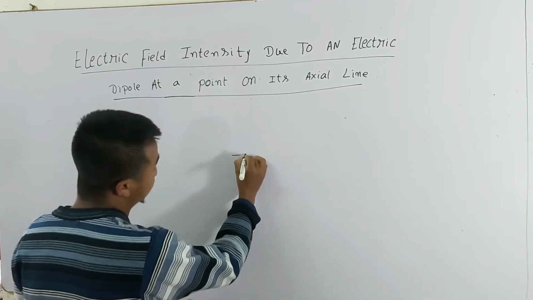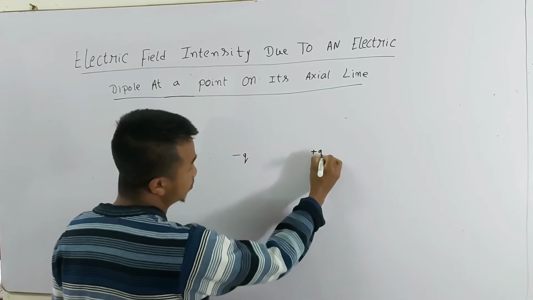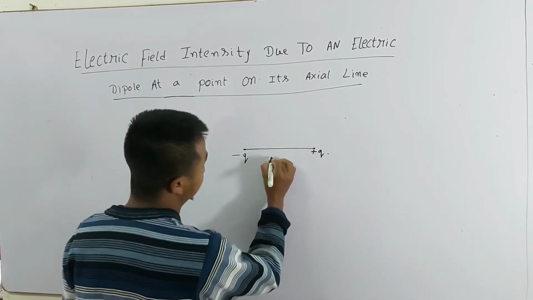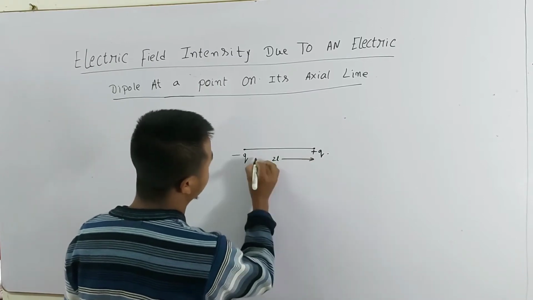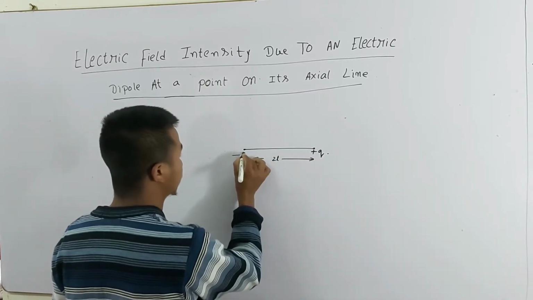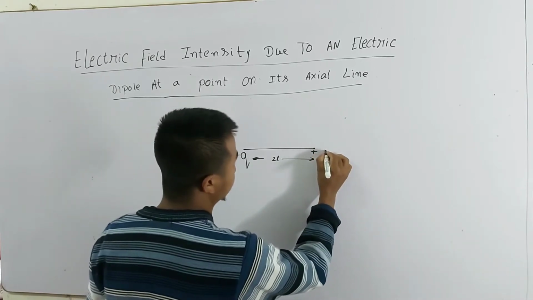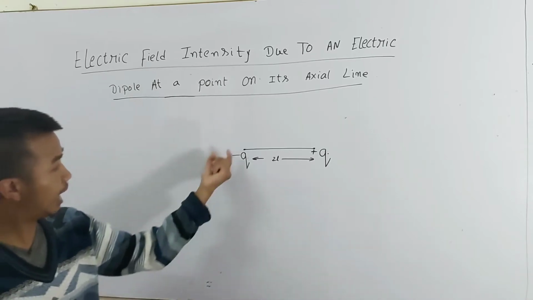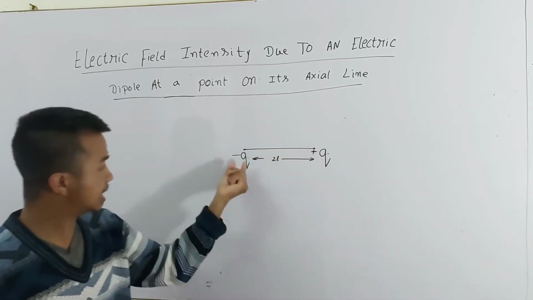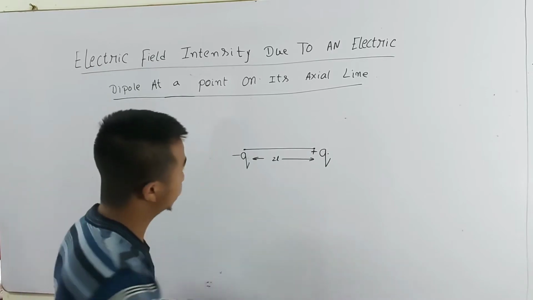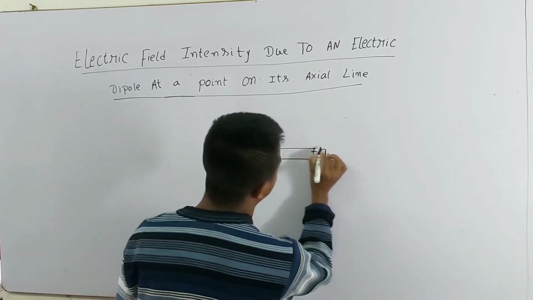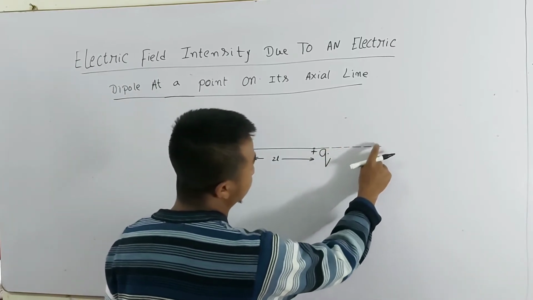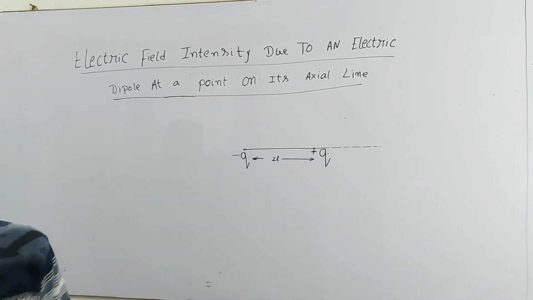If we have a minus q here and a plus q, separated by a small distance, say 2L, and if we draw a line passing through minus q and plus q, this line is called the axial line.